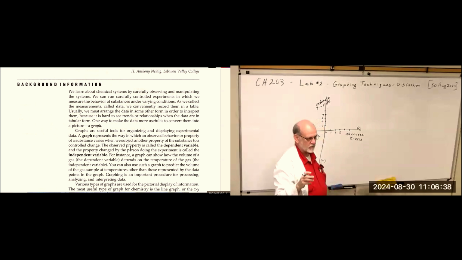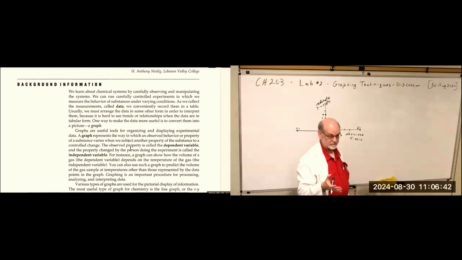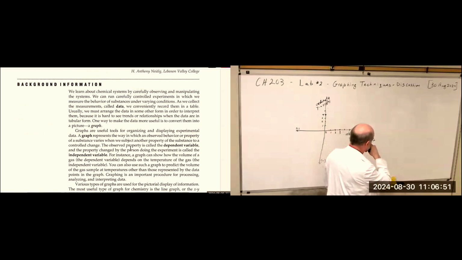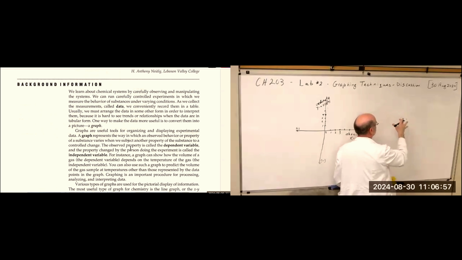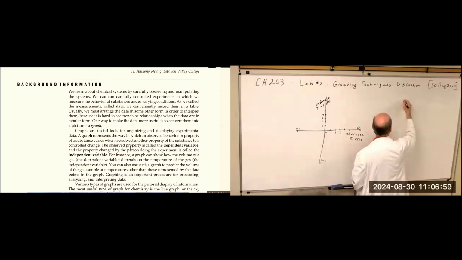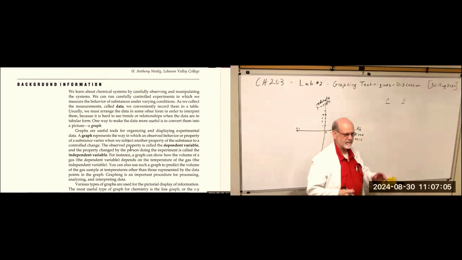But suppose I have a measurement that has 2 components to it. Say I'm measuring a gas, a confined gas. I'm measuring its volume when I put pressure on it. So you know what happens when you put more pressure on a gas, it shrinks, right?